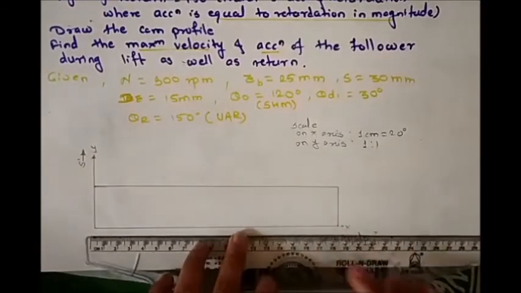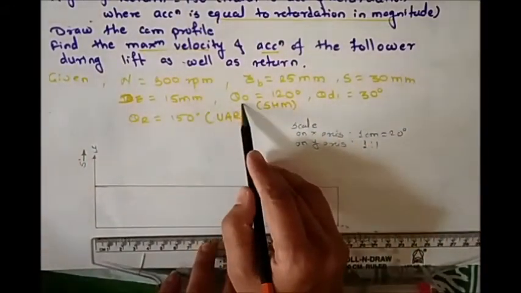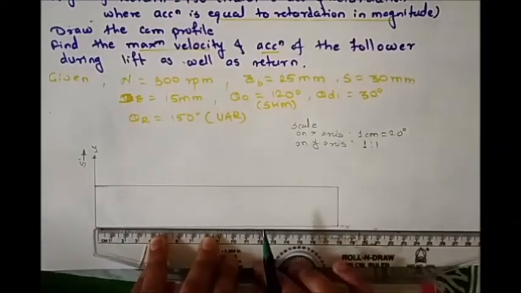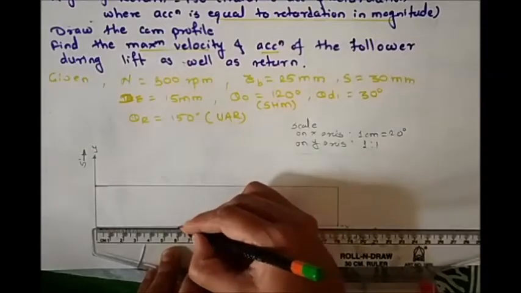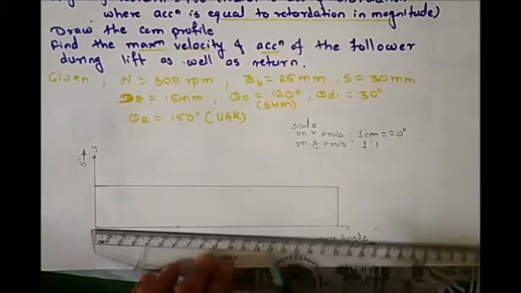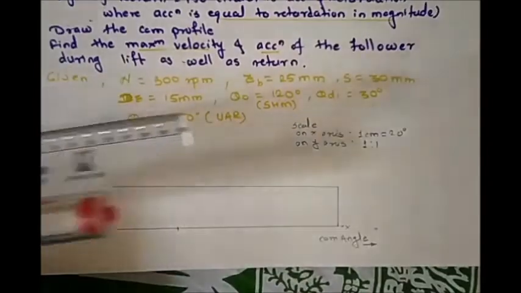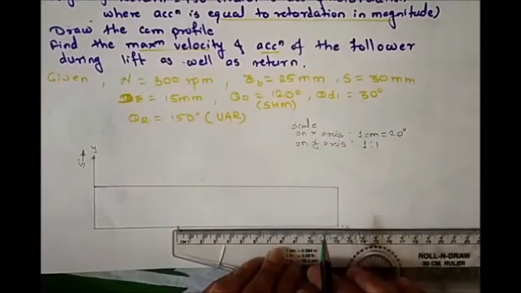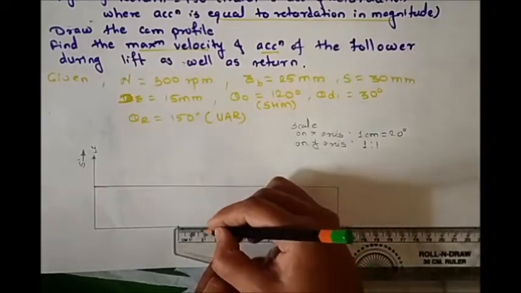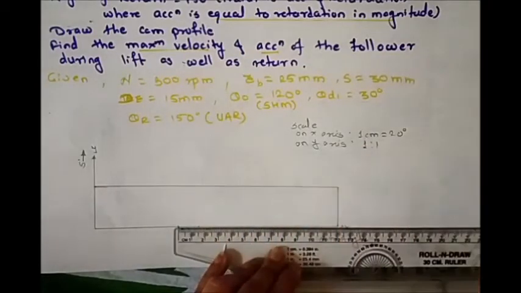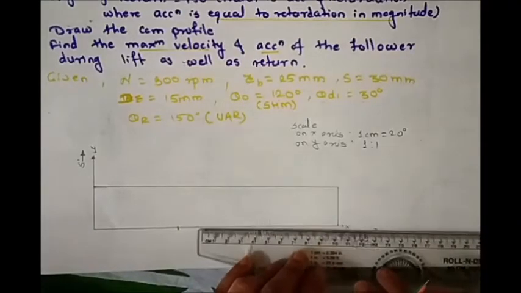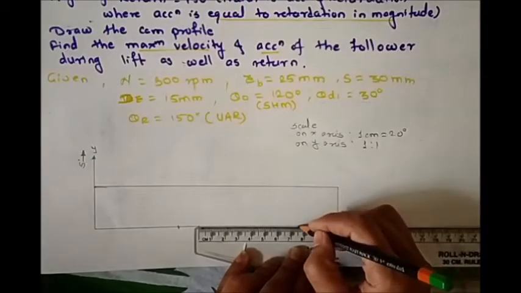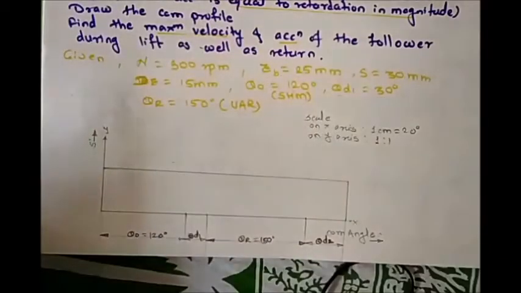Now we are going to mark the cam rotation angle. Firstly, the outstroke angle 120 degree. Our scale is 1 centimeter is equal to 20 degree. So for 120 degree it is 6 centimeter. So let's mark the outstroke angle here. Then next is dwell, that is 30 degree, so for 30 degree it is 1.5 centimeter, and next is 150 degree, so for 150 degree it is 7.5 centimeter.